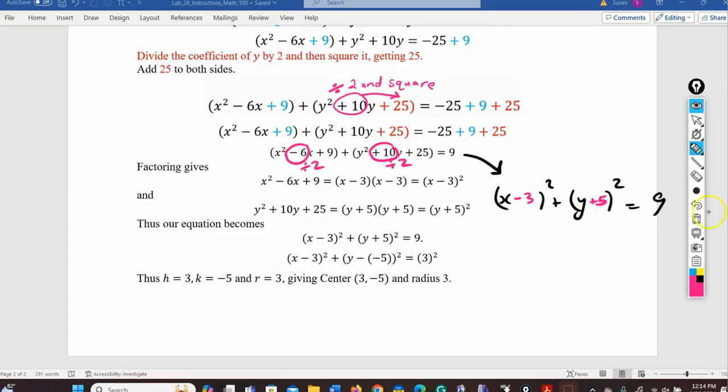That's the shortcut. This was the long cut, factoring it to rewrite it like that. All right, so everything checks out there.